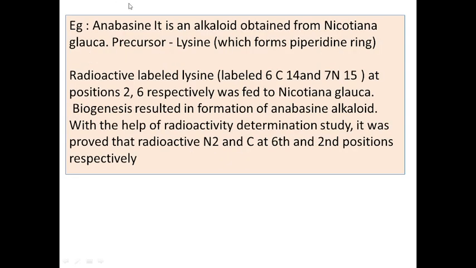For example, anabasine is an alkaloid obtained from Nicotiana glauca. Nicotiana glauca is a plant, and the precursor used is lysine, which forms the piperidine ring.